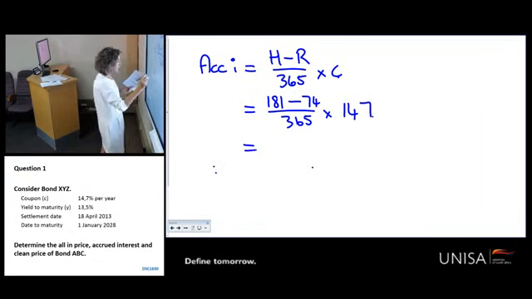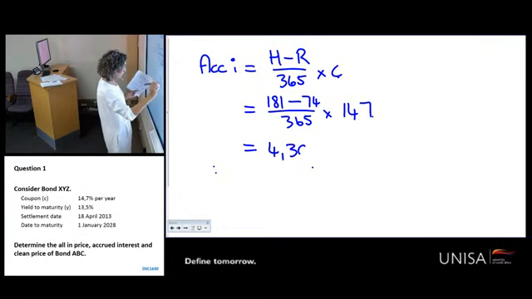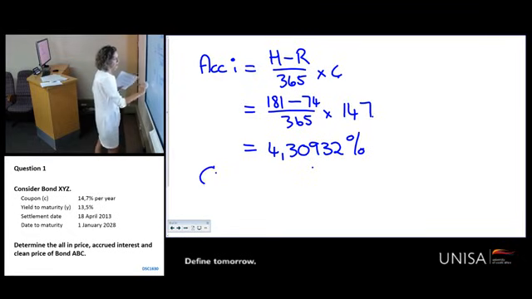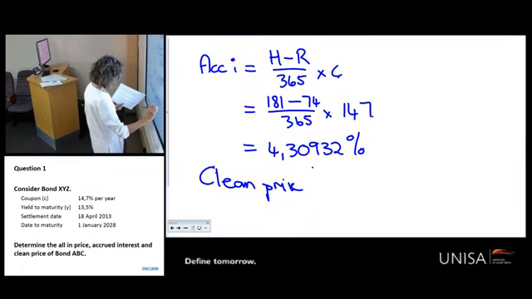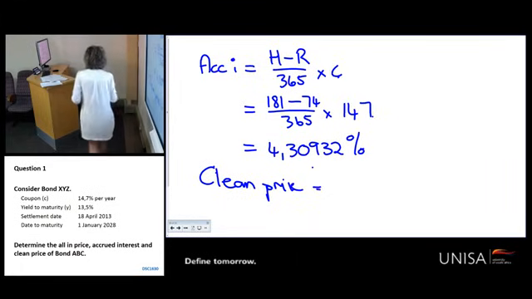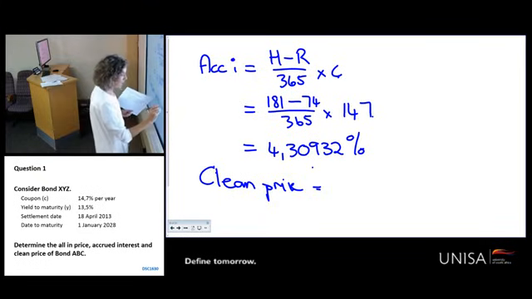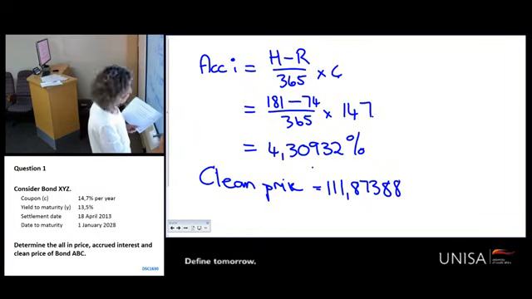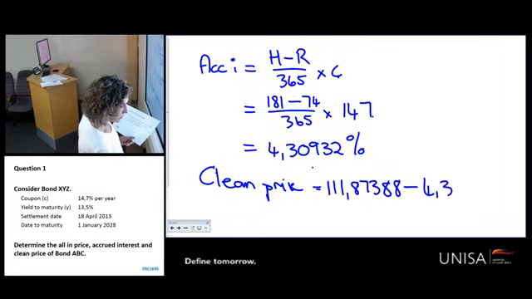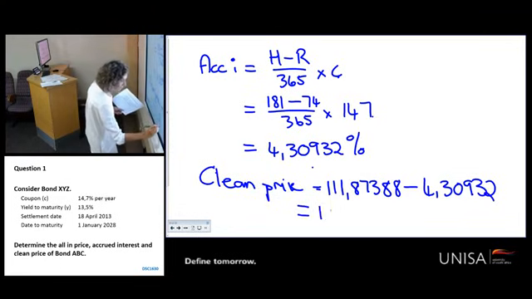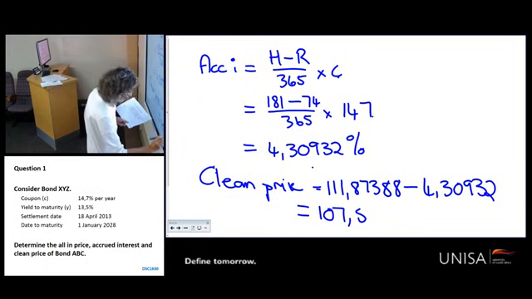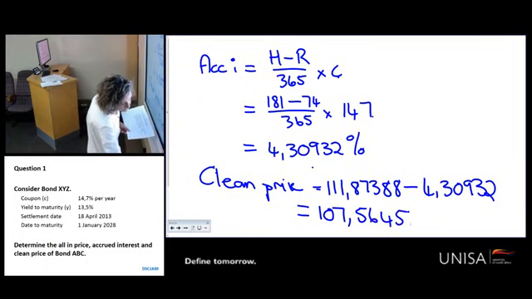Right, and that will give us the value 4,30932%. That's your accrued interest, and lastly your clean price is just the two subtracted from each other, which gives you the 111 of your all-in price minus your accrued interest, and that gives us a clean price of 107,56456%.